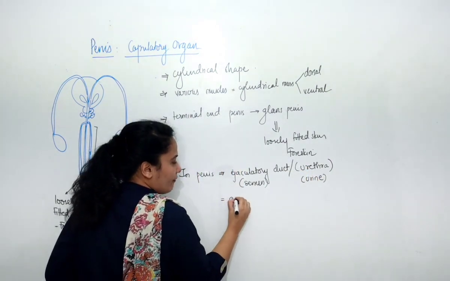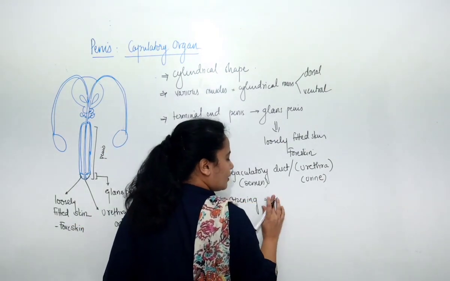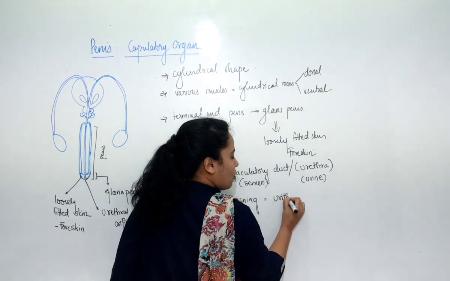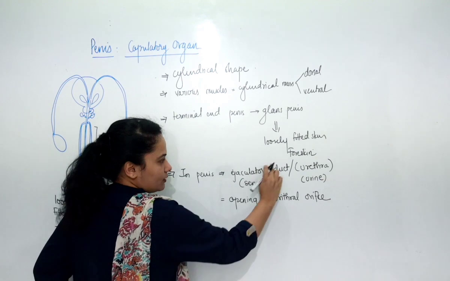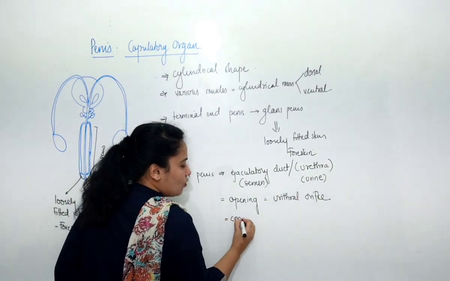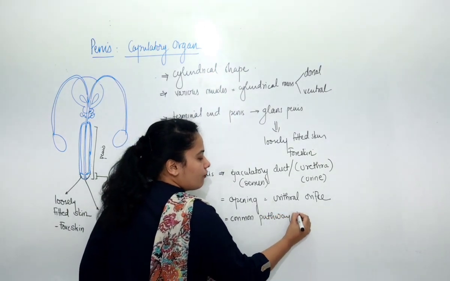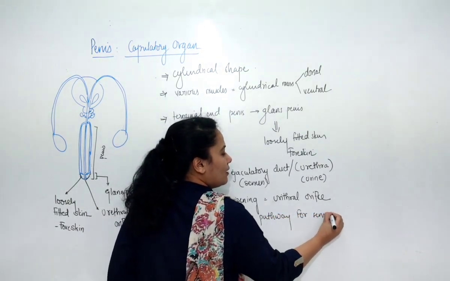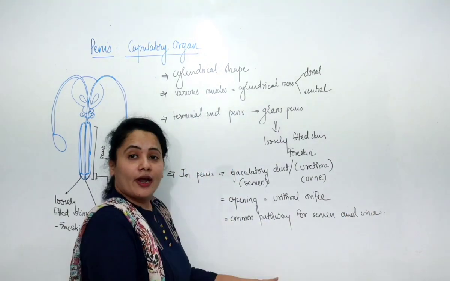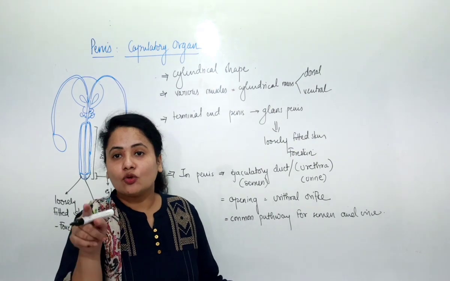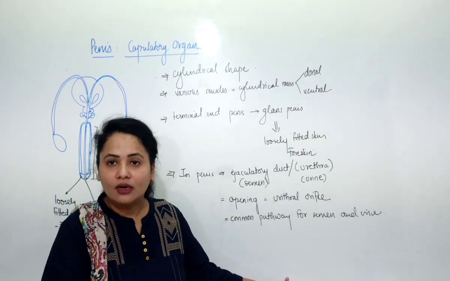They have an opening, which I have written, called the urethral orifice. This structure is a common pathway for semen and urine, and that is why it is also called the urinogenital duct.